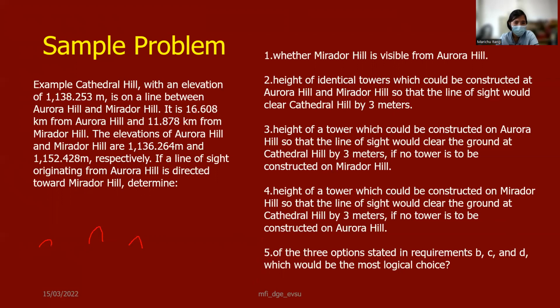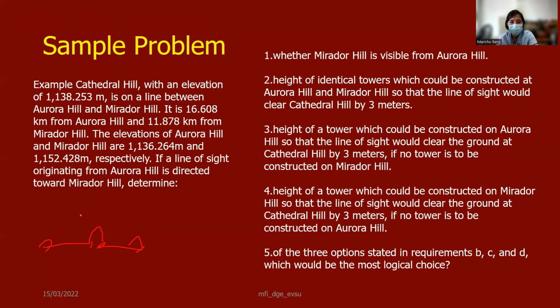So it is 16.08 kilometers from Aurora. So if this is our Aurora, yung distance niya, yung D1 is 16.608. And then from Mirador to Cathedral, yung distance niya is 11.878 kilometers.